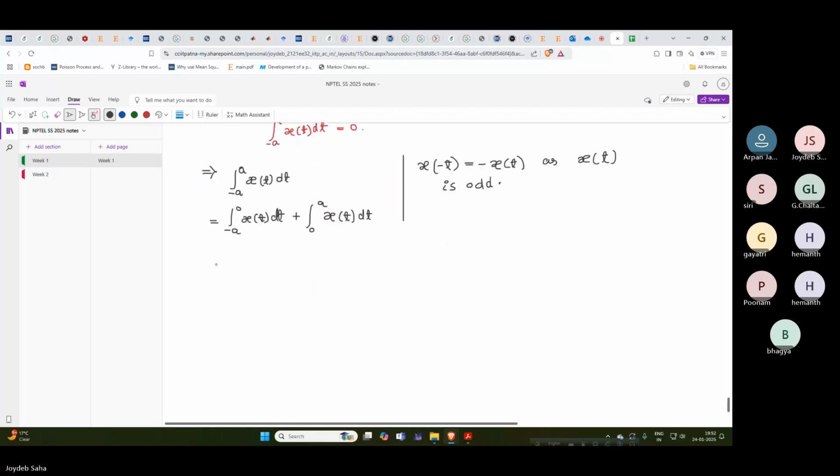Now consider again t is equal to minus lambda.